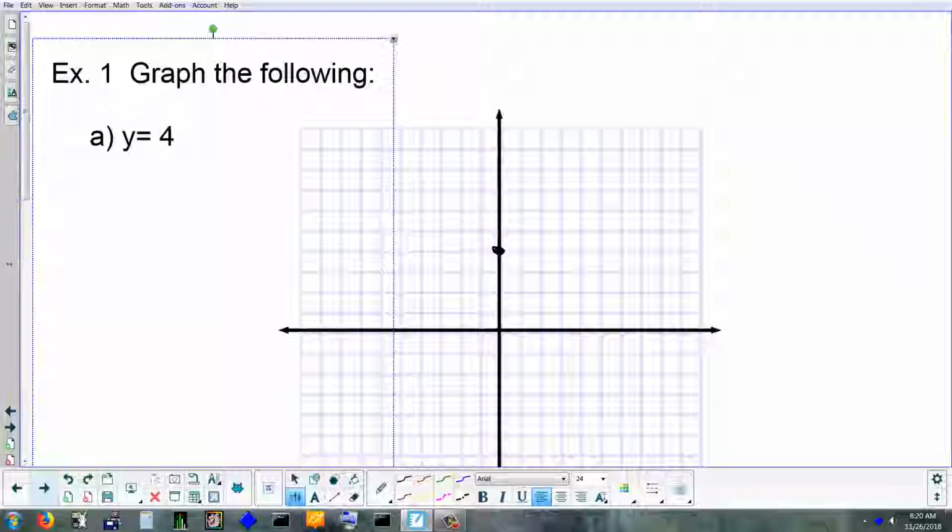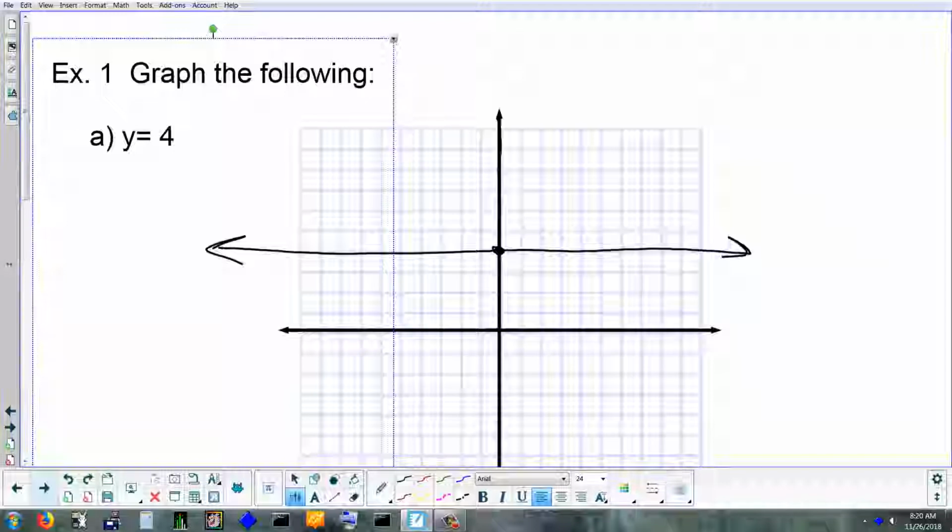Because if I drew it vertical, you wouldn't even see it. So I'm going to draw it so you can see it. Just like that. And that's it. So the special cases, even though they're a little different, they're actually easier to do. I think they're faster.